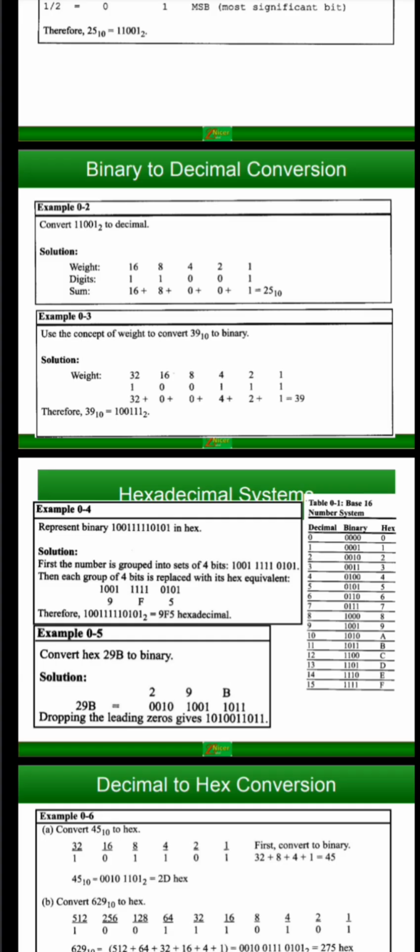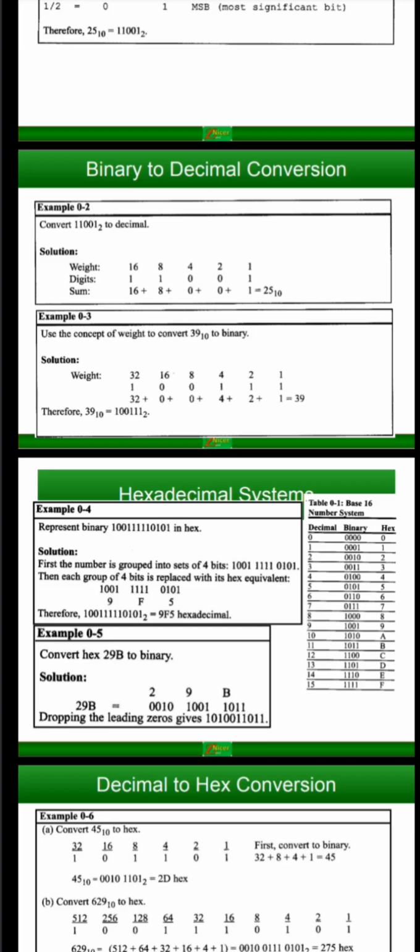Similar to example 3, we will now discuss example 4, where we have to convert a binary number into hexadecimal. We will make groups of 4 bits each, from the first, the middle, and the last, so we make groups of 4 bits from the binary number.